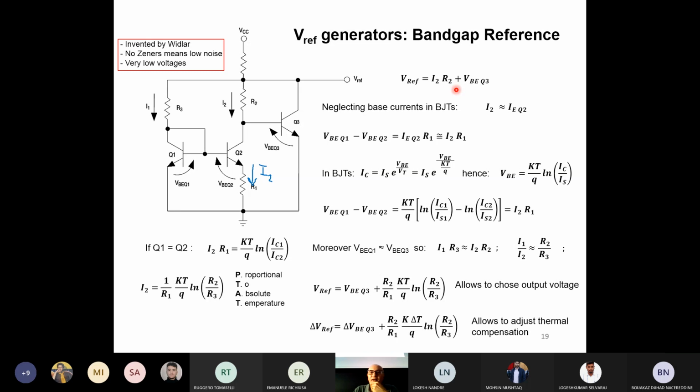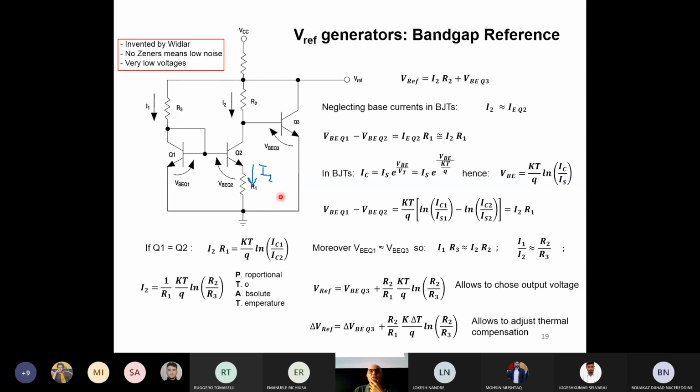Well, I still need some trick. Otherwise, it's not easy. In absolute terms, I could calculate I1 if I consider that I1 is Vref, which I don't know, minus 0.7 divided by R3, but that's not the right way to go.